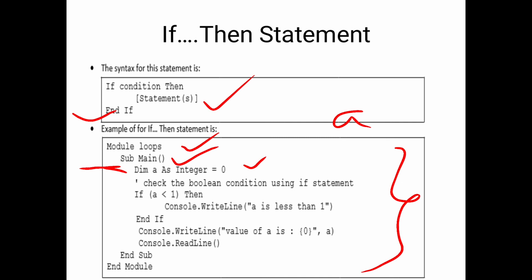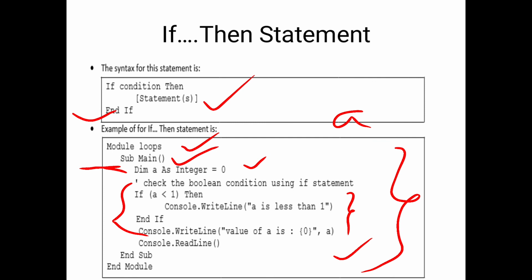Now this is the comment: check the boolean condition using an if statement. If a is less than 1, then Console.WriteLine a is less than 1. This is the syntax of the if then statement. And then we print the value of a.